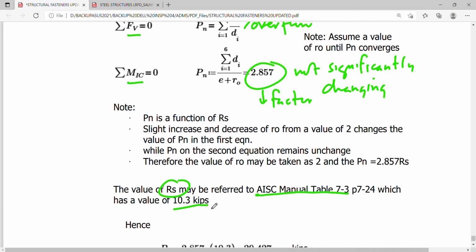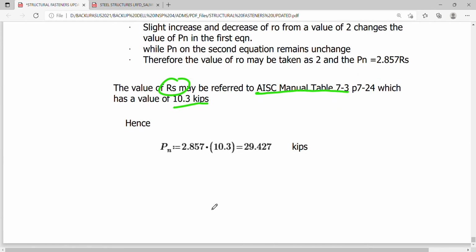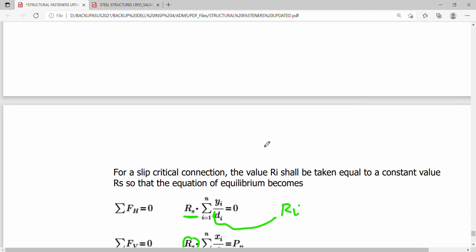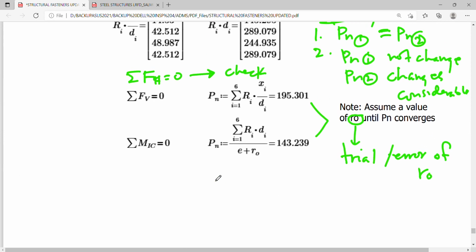And finally a value of Pn equivalent to 29.427 kips is obtained as your final nominal capacity. That is of course considering a slip critical connection. It is just normal that that value is very much smaller than this value here.